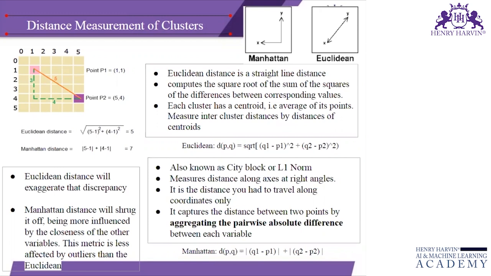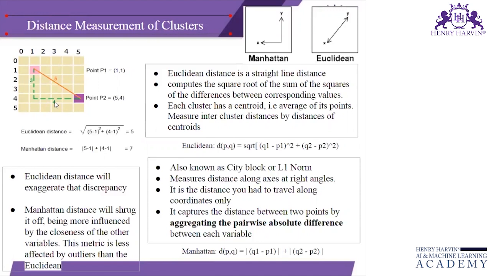It is also called the Pythagoras metric, wherein you can see there is a graph here. So it computes the square root of the sum of the squares of differences between corresponding values. So as in we used to calculate the Pythagoras theorem, we will be calculating the hypotenuse of this triangle.